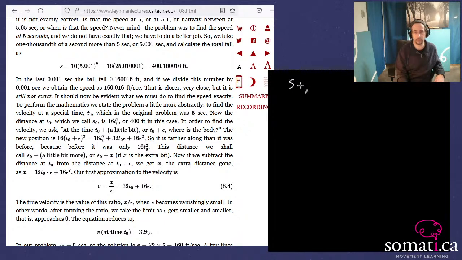So the position is 16 times the time in seconds squared.